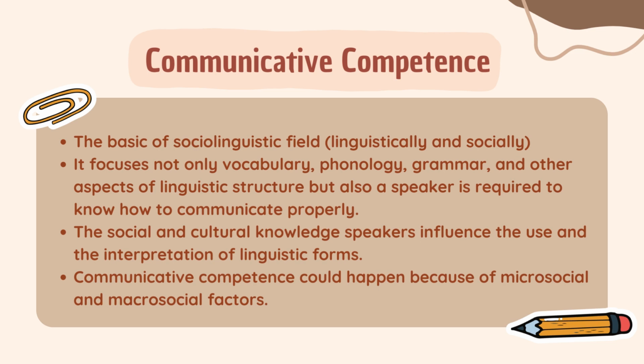If you go back to the previous study, you will learn word formation. It explains things like suffix, prefix, and so on. So, we can conclude that communicative competence should happen because of microsocial and macrosocial factors.